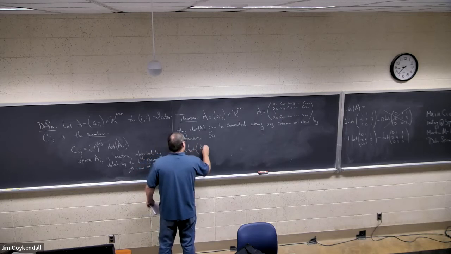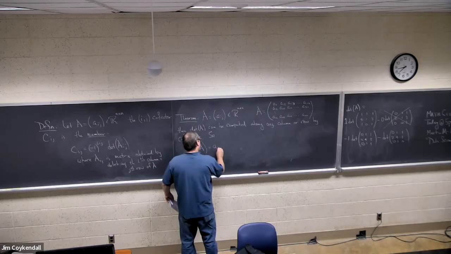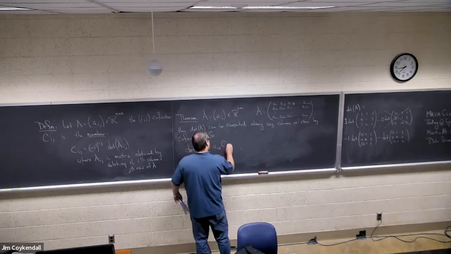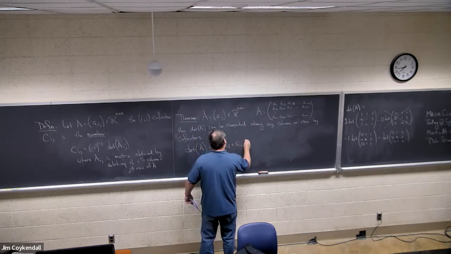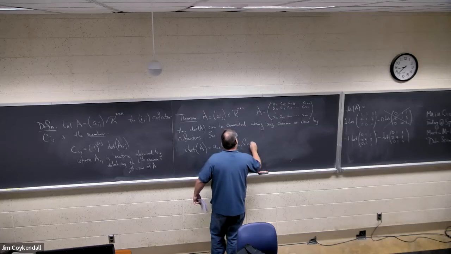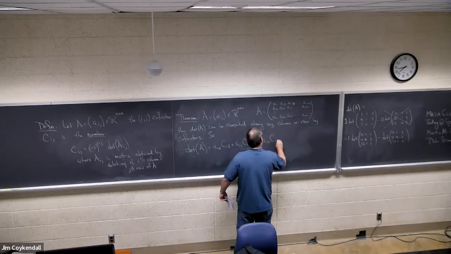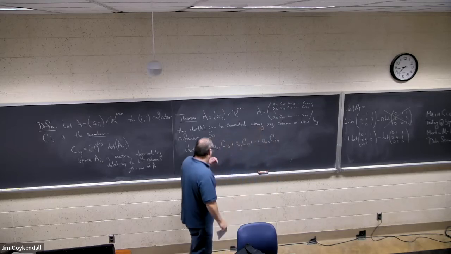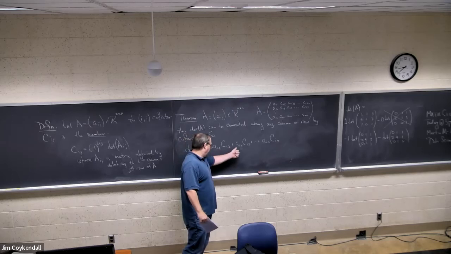The determinant of A is ai1 Ci1 plus ai2 Ci2 plus up to ain Cin. So if you go across, notice the i is always the same here.